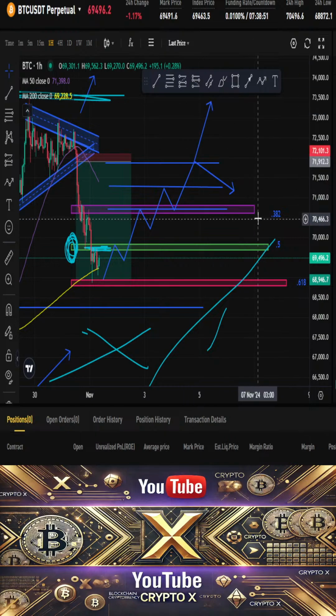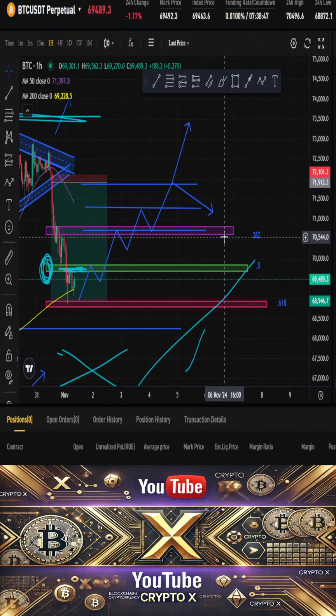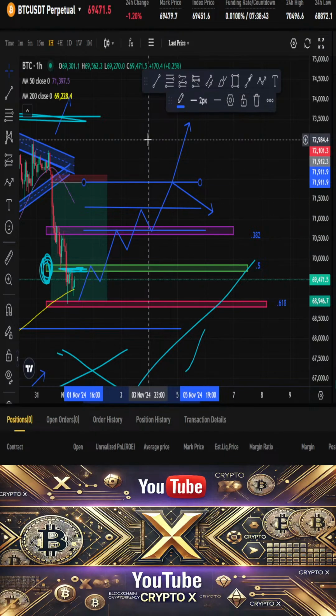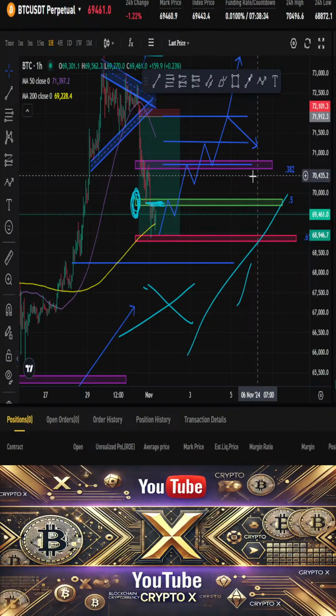So from my point of view, it will go upside, and it will touch this much point. From your side, it should go up, and it cannot go down. But if any negative news comes in the market, it still can fall.